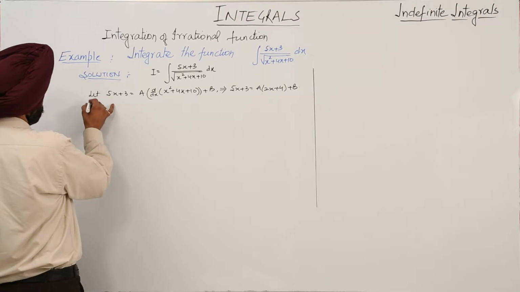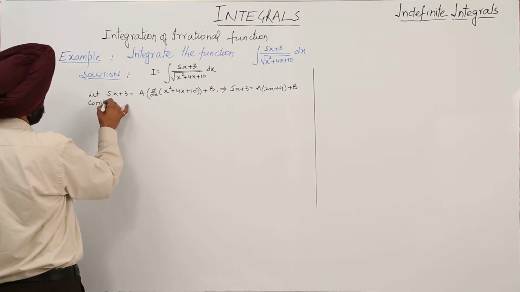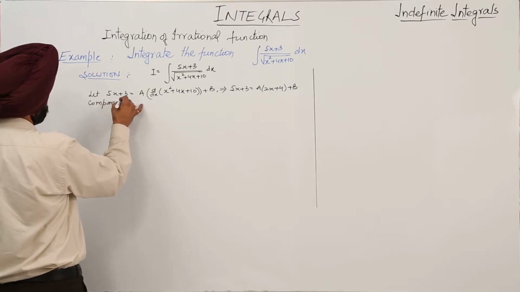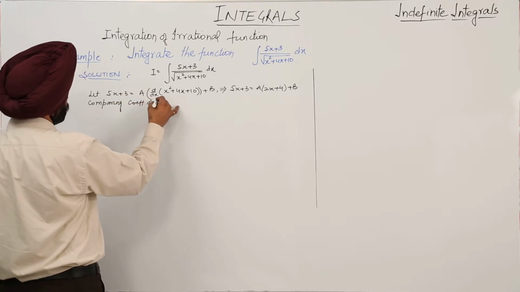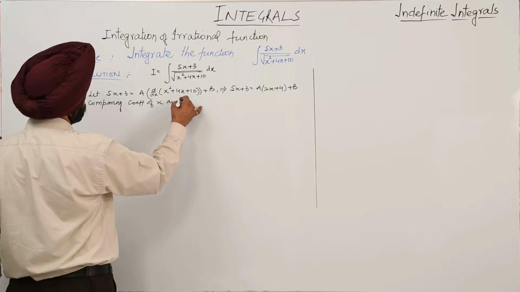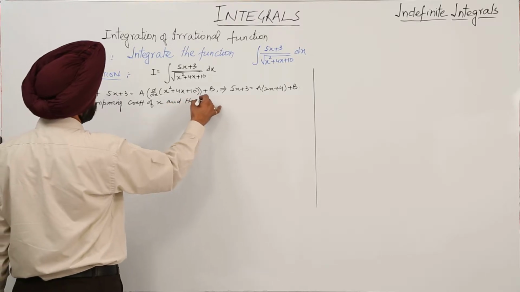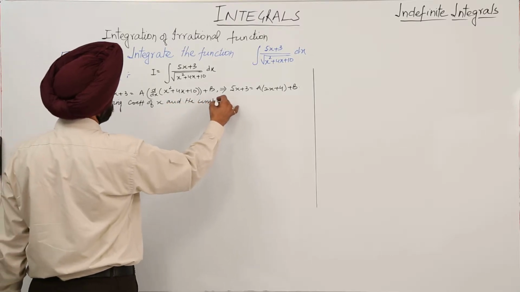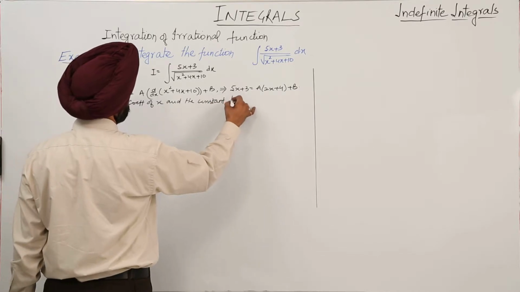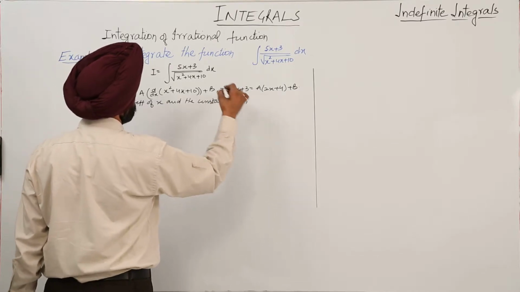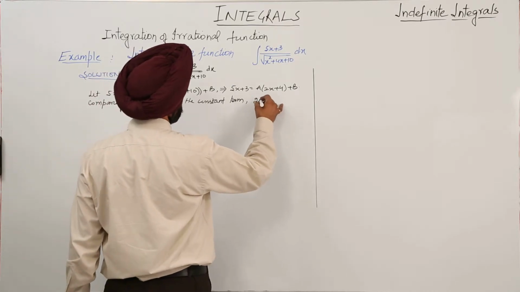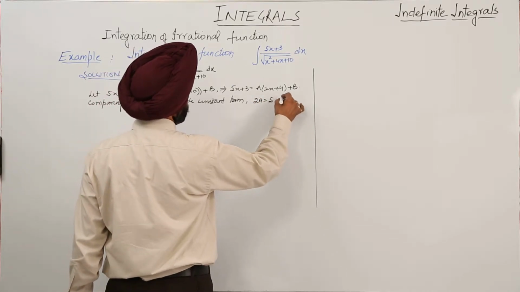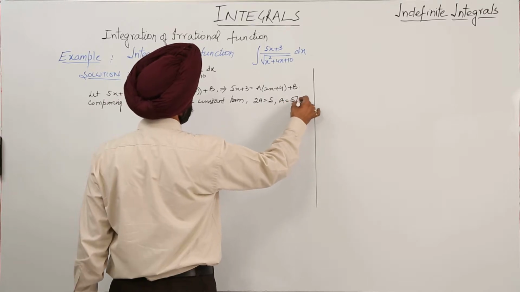Now comparing the coefficient of x and the constant term, we are having 2a is equal to 5, a is equal to 5 by 2.